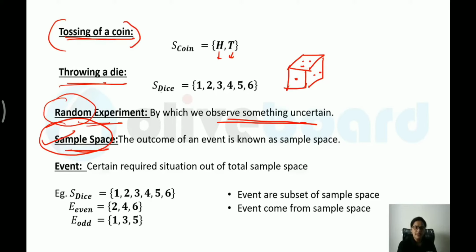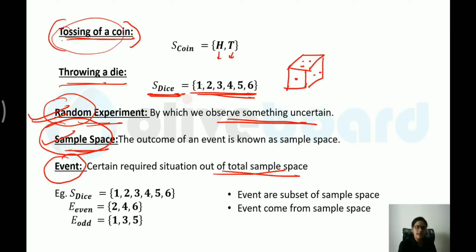So what is the sample space? Here the sample space will have 6 points. 1 can come, 2 can come, 3, 4, 5, 6. So there are 6 outcomes possible. Are you getting it? Okay. Now, when I am talking about an event, it is a certain required situation out of the total sample space. There are 3 things which you have to remember. Whatever experiment I am doing. What is an experiment? Tossing of a coin is an experiment.